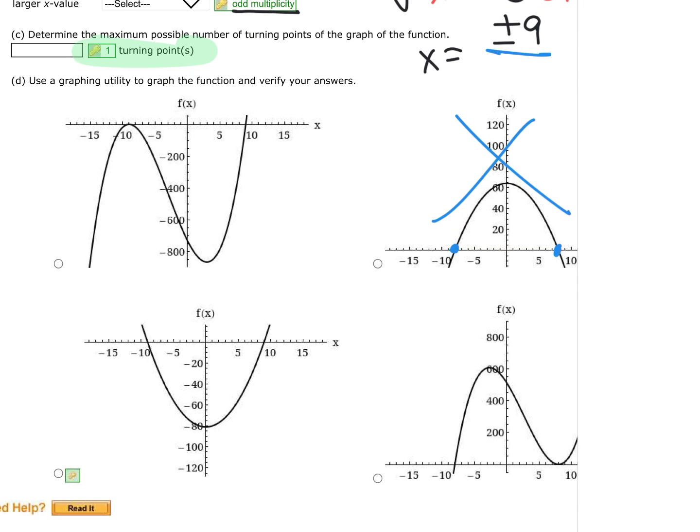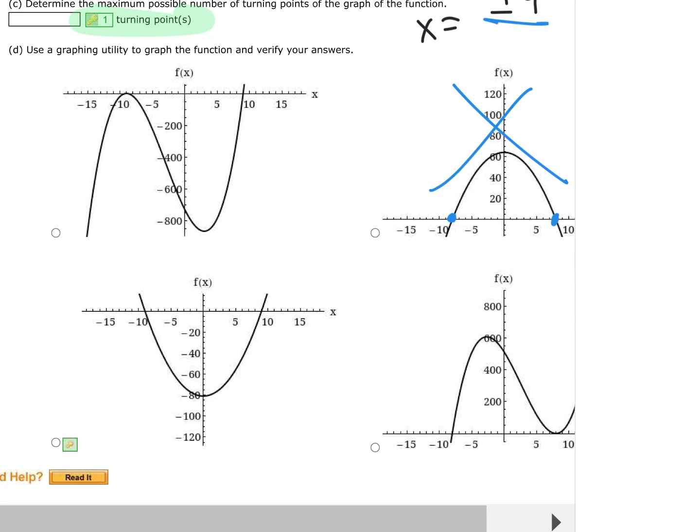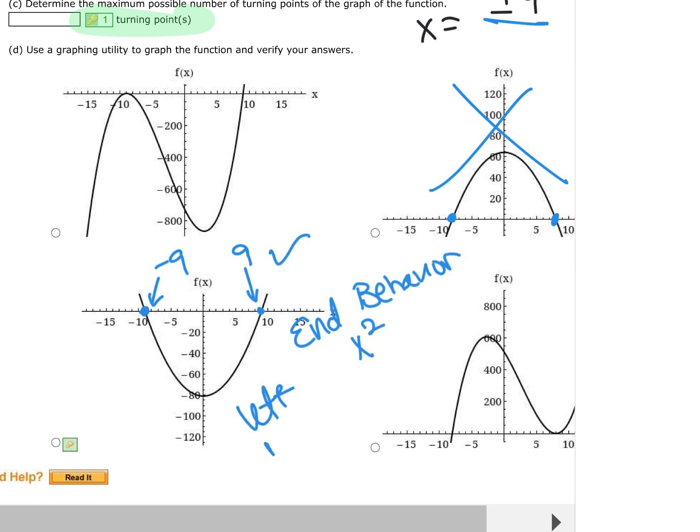It's going to look similar though, but it's going to be flipped over. So this would be the right one. Okay, so I find the zeros. The -9 and the +9 help me out. And then also the end behavior. Since it was a positive x squared, on the left, it's going to rise, and on the right, it's going to rise.